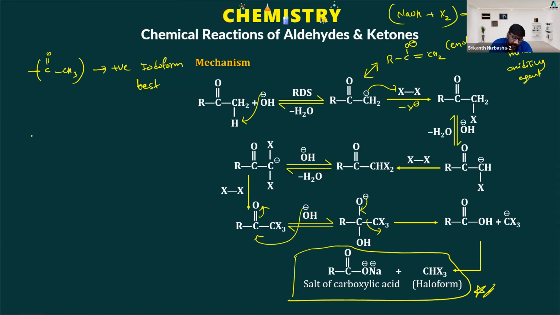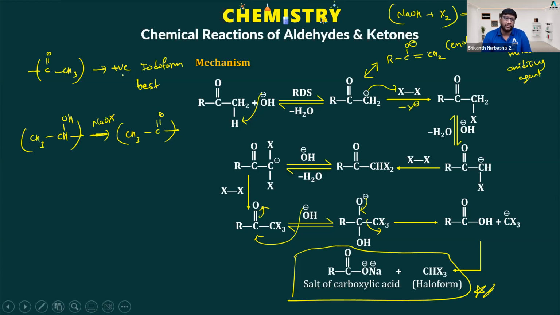If I take an alcohol with a CH3 CHOH group, it can be converted to a CH3 C double bond O group in the presence of NaOX. Whenever we have CH3 C double bond O, that will give positive iodoform test or positive haloform test.